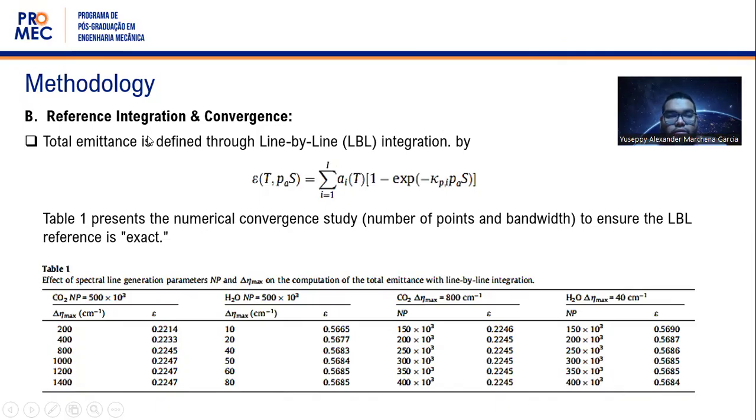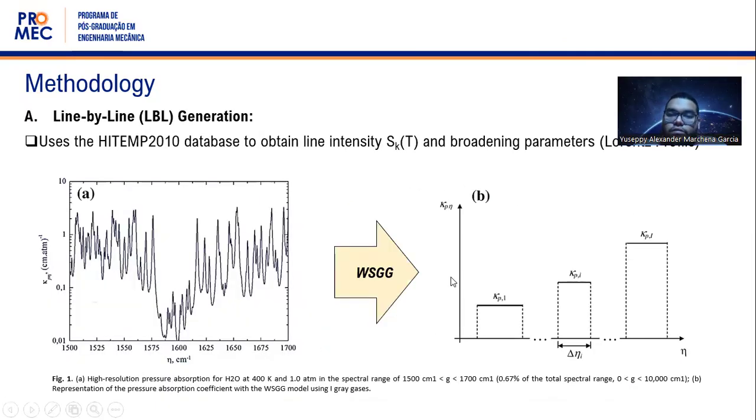As we have seen before in figure 1b, the total emittance of the medium is expressed as a weighted sum of gray contributions, whose weights depend on the temperature and are fitted from data obtained through line-by-line integration. Although the model implies a strong spectral simplification, as you can see here, we are taking a constant value, and the fitted coefficients can be used to solve general radiative transfer problems while maintaining energy conservation.